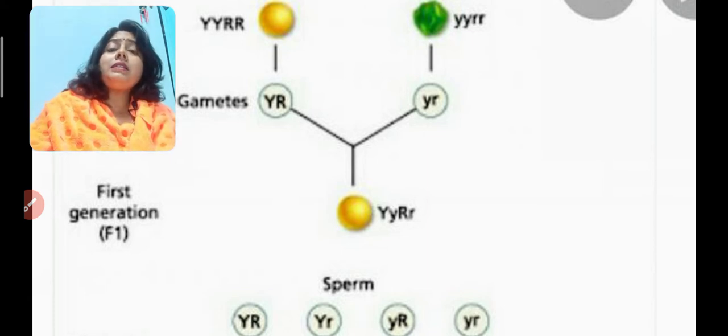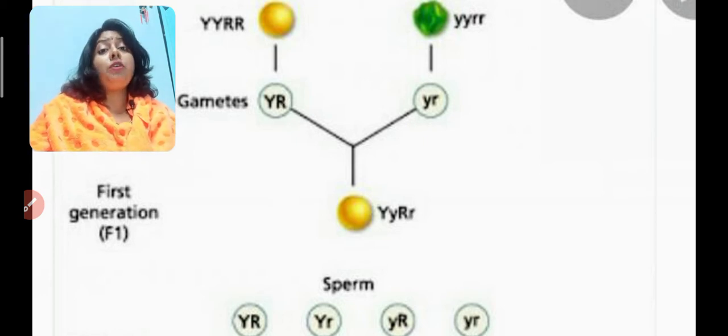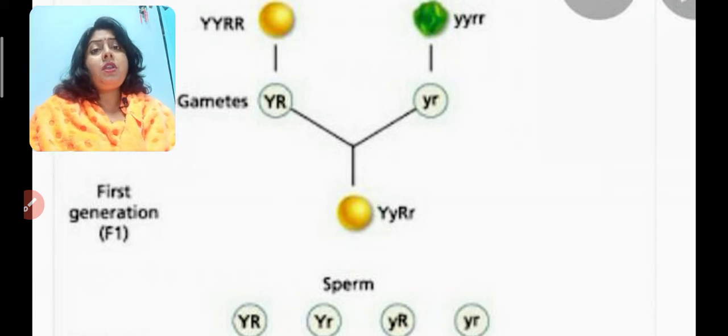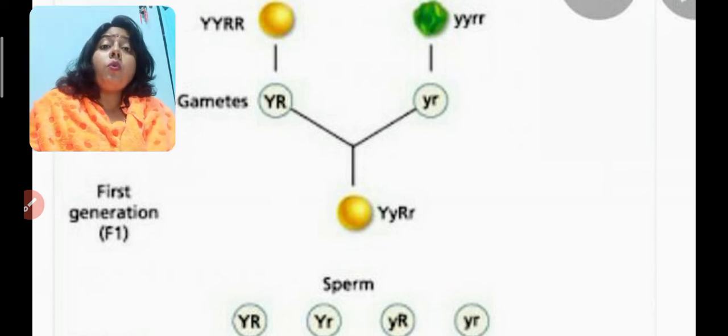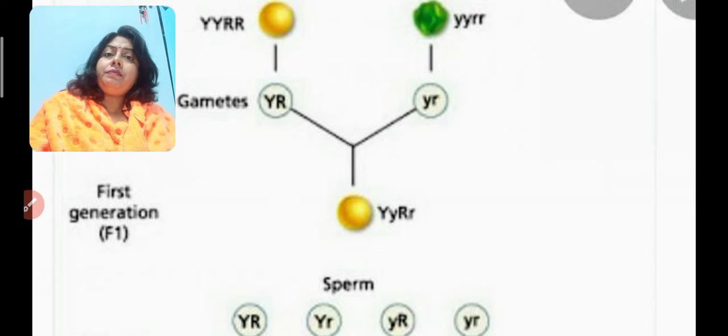On crossing them separately, he found that the yellow color of the seed is dominant over the green color, and the round seed is dominant over the wrinkled seed.